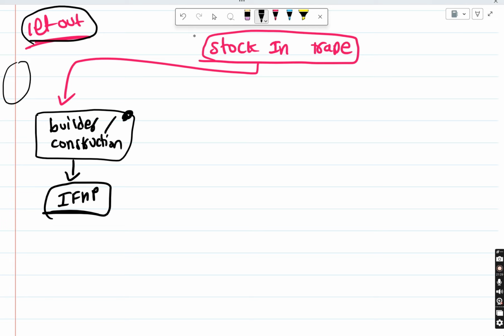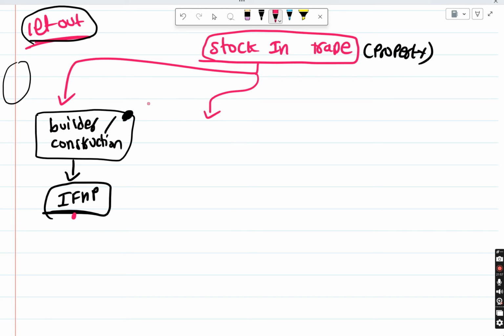Even though you are in business, property will be your stock in trade, right? What is stock in trade? Your property. What is meant by property? We already discussed. So if you are a builder or constructor, letting out properties is not your main business. So because of let out, if you get any income, that will be taxed under IFHP.